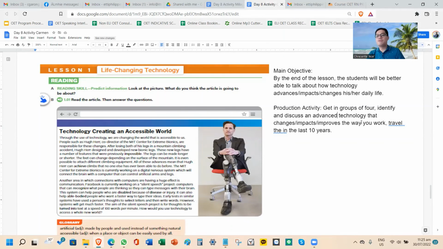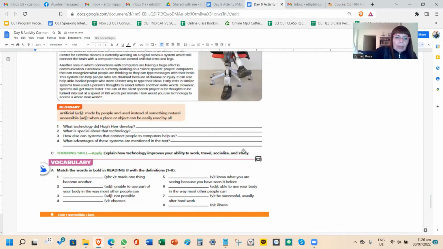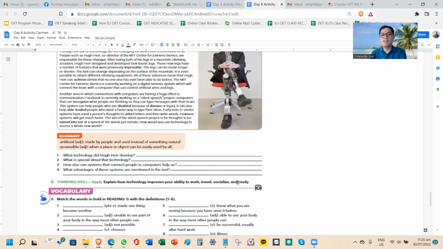That improves your ability to work, travel, and socialize. Yeah, that's it. There was another one: work, study, travel, socialize, and study. I did not include the study.